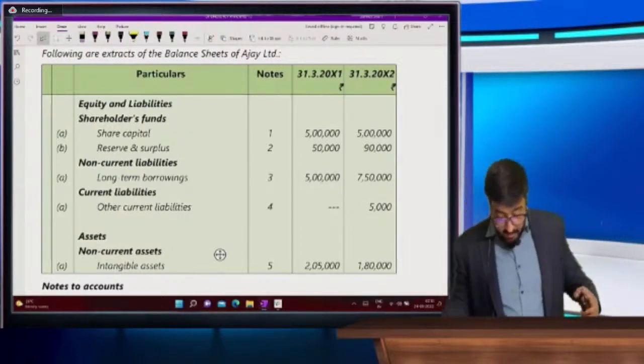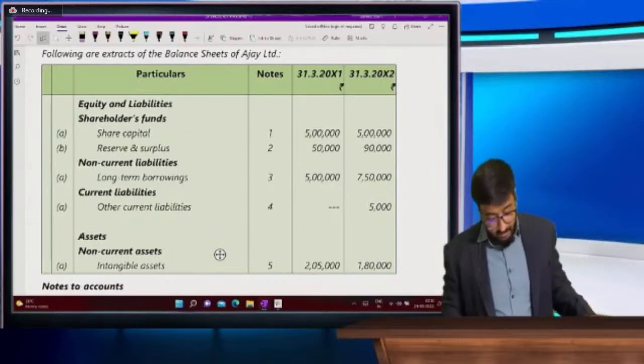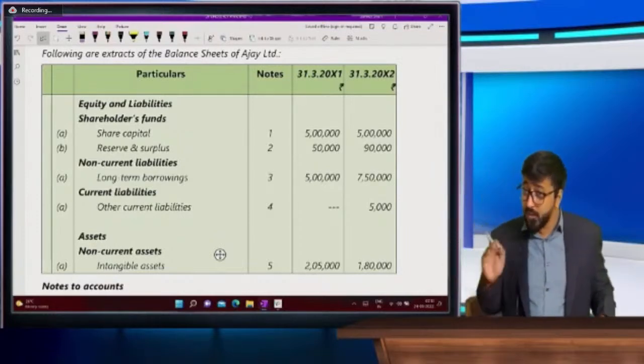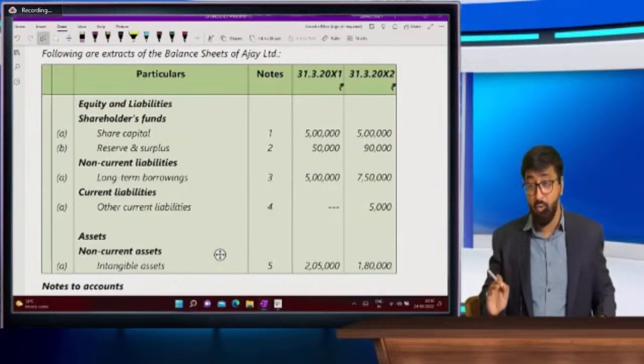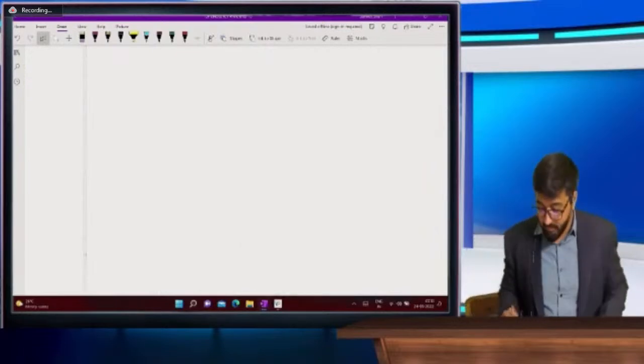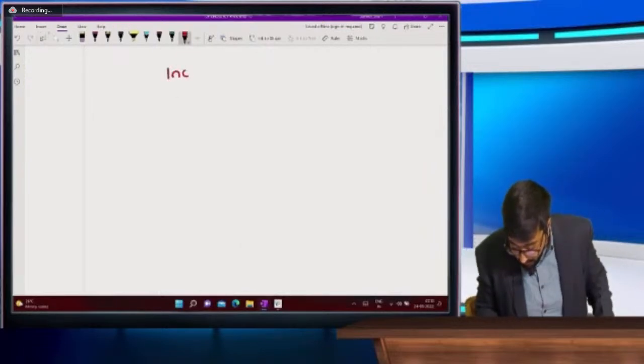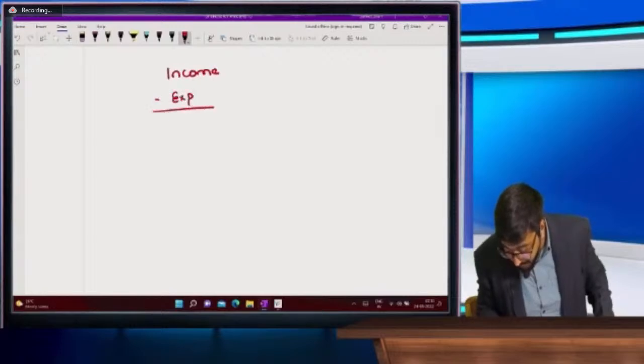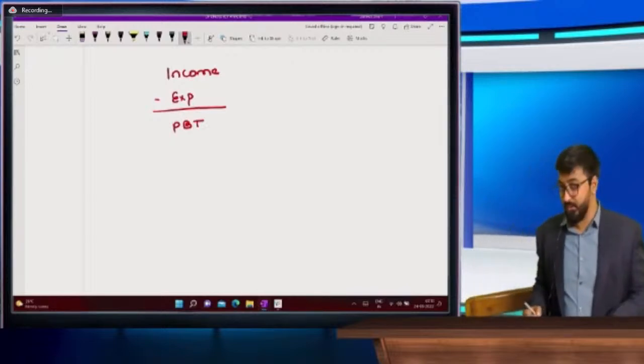Equity and liabilities, shareholders fund, share capital, reserves and surplus. So first I'm going to tell you about reserves and surplus. Now please understand, here it is income. Income minus expense is called profit before tax.